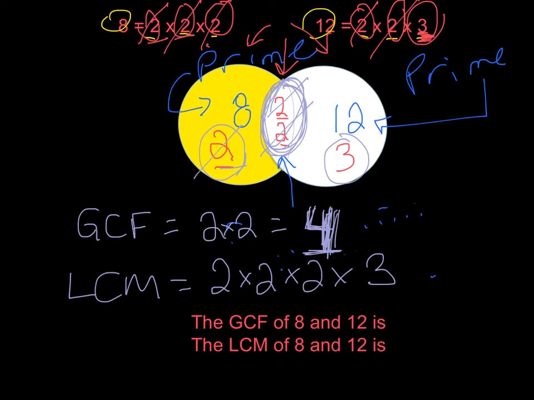Times 3, and that equals, let's see, 2 times 2 equals 4. 2 times 3 equals 6. Which equals 24. 4 times 6 equals 24. And we know that that's correct. So our greatest common factor is 4. And our lowest common multiple is 24.